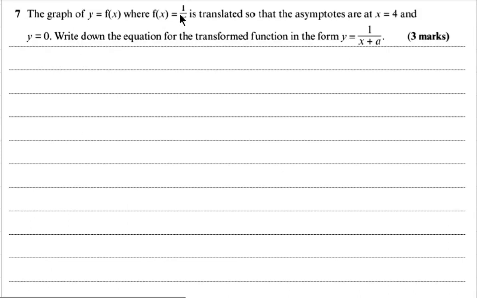Question 7. The graph of y equals f of x, where f of x equals 1 over x, is translated so that the asymptotes are at x equals 4 and y equals 0. After the transformation, write down the equation for the transformed function in the form y equals 1 over x plus a. Okay, note here, I want to tell you a very important note.